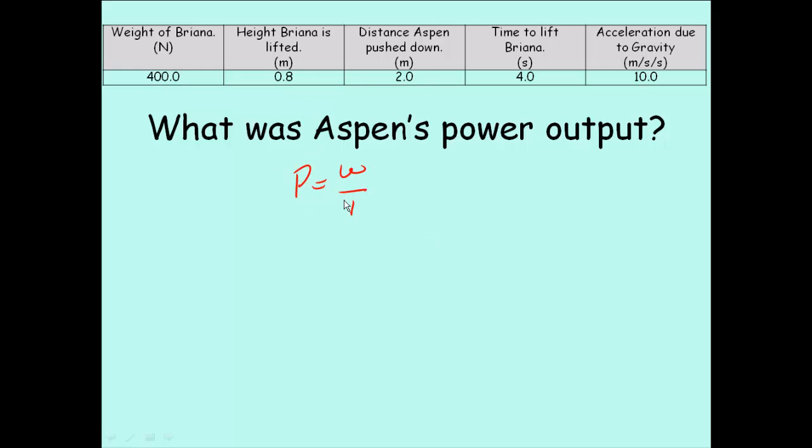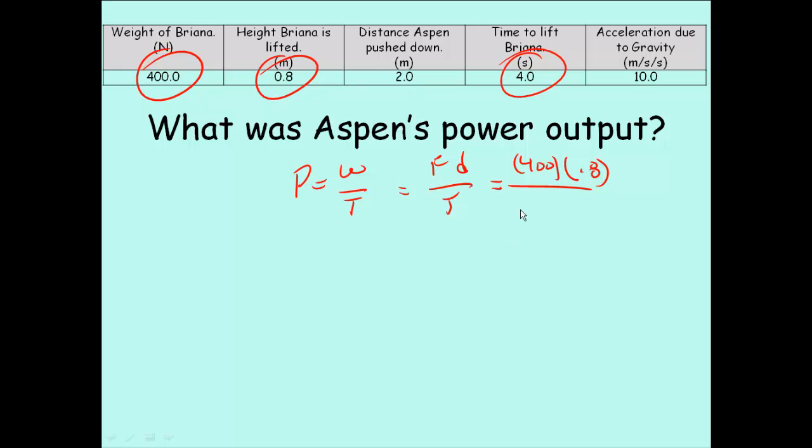Power is work over time. The work required to lift was, of course, the force times distance over time. The force lifted was 400, and the distance she was lifted was 0.8, and the time to do it was 4 seconds, and you get 80 watts.